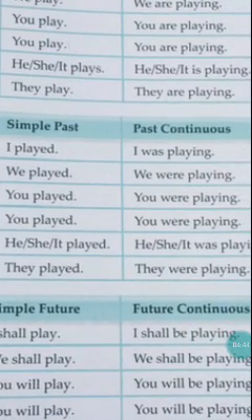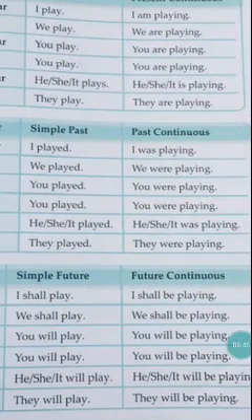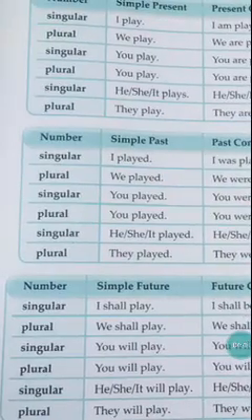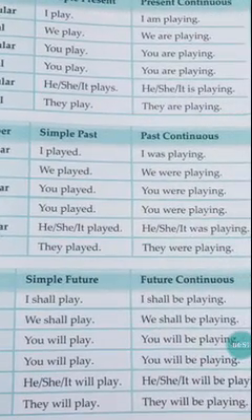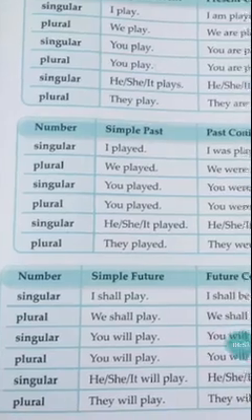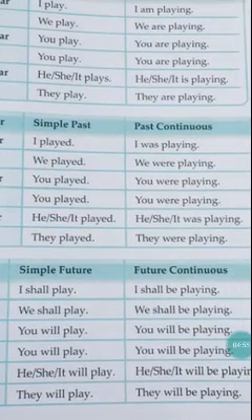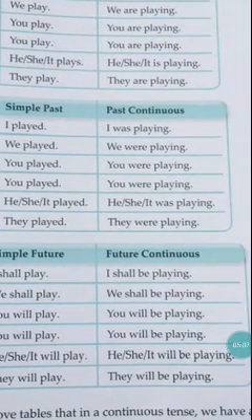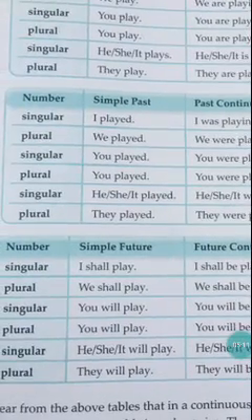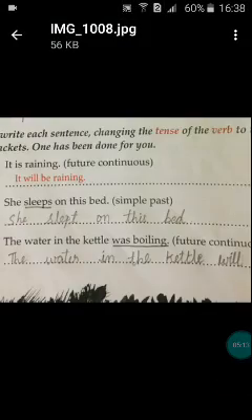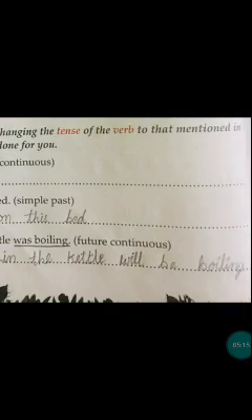So here I was is being converted to will. But actually, for first person singular the future is shall be, right? But here water is not single. We have many. That is plural form. That is the reason here we have added will be. The water in the kettle will be boiling.